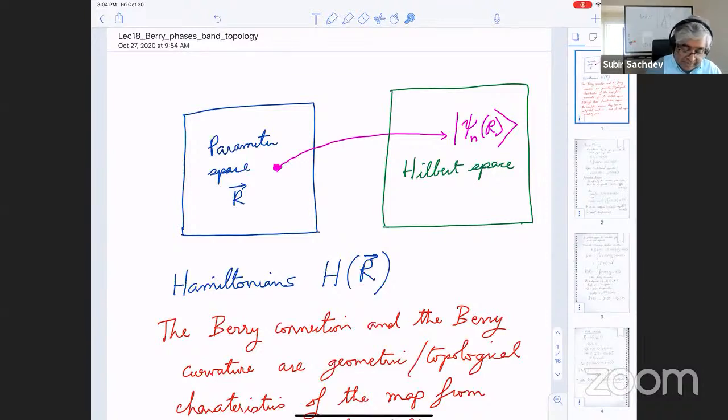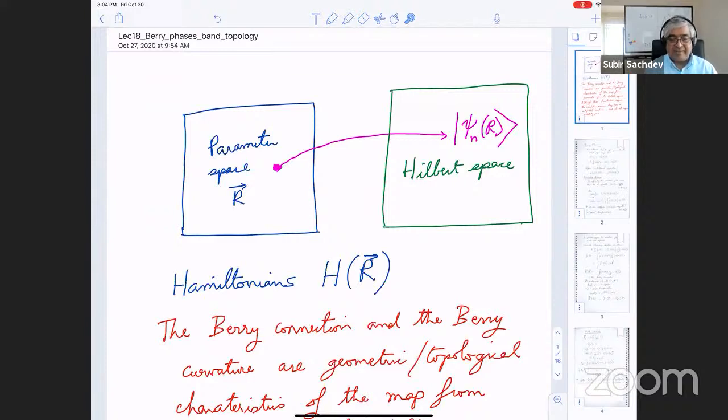So there's some parameter space, which will usually be multidimensional; we're mostly interested in two or higher dimensions. For every point in parameter space, you have a different Hamiltonian and therefore also a different set of exact eigenstates. Here we assume psi n of R are the set of all eigenstates of H of R. So this is a map from parameter space to Hilbert space.